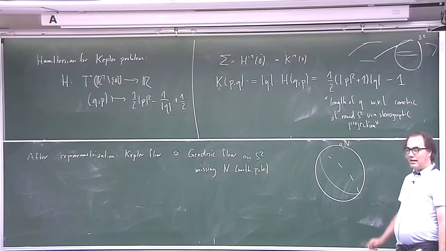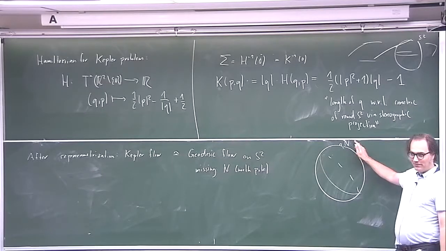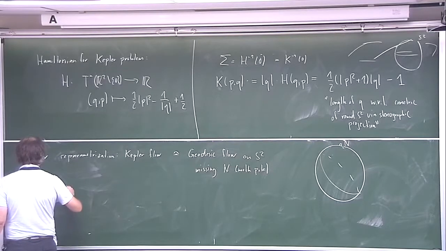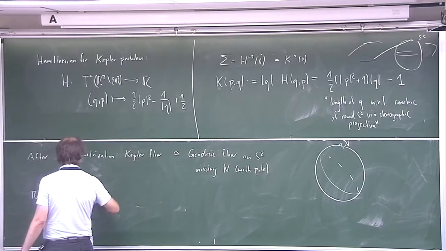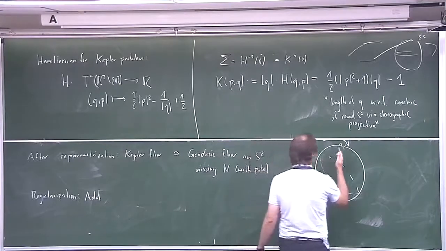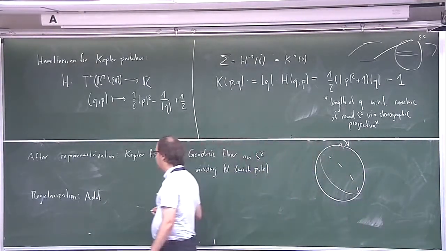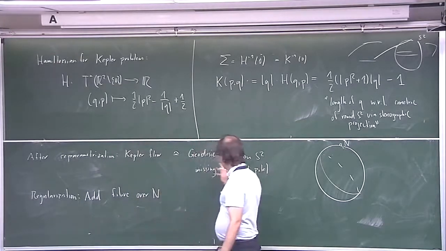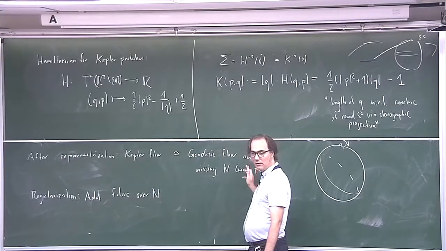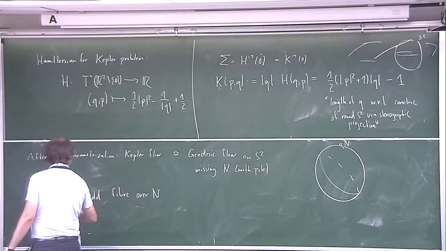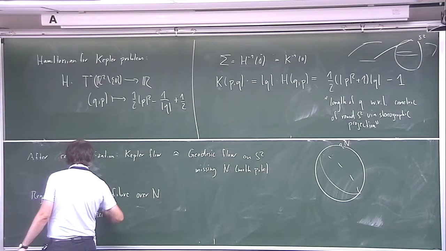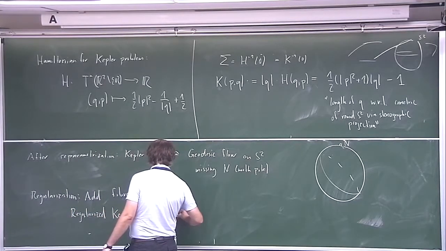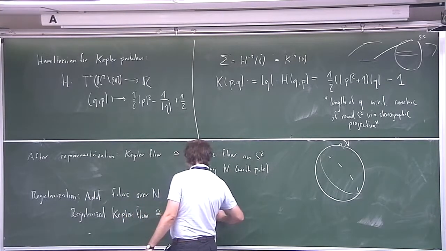But now we add, so regularization now corresponds to adding, at the North Pole, actually also the fiber, because we are in a cotangent bundle, the fiber over N. And then the regularized Kepler flow corresponds to the geodesic flow on S2.